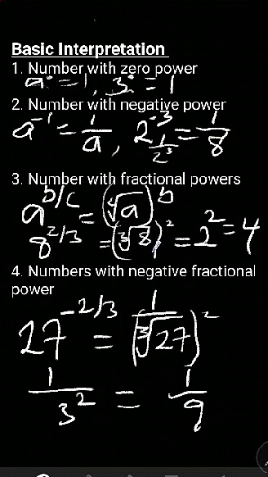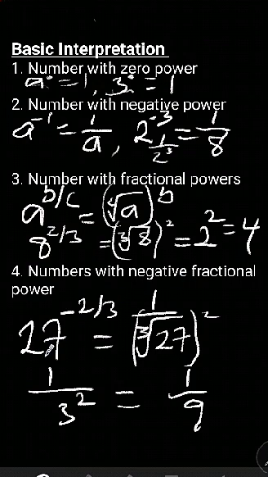That gives 2 raised to power 2, that is the cube root of 8 is 2. Alright, and the power here, which is 2, and 2 raised to power 2, that is 4.